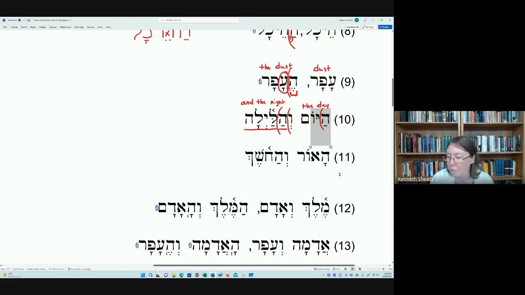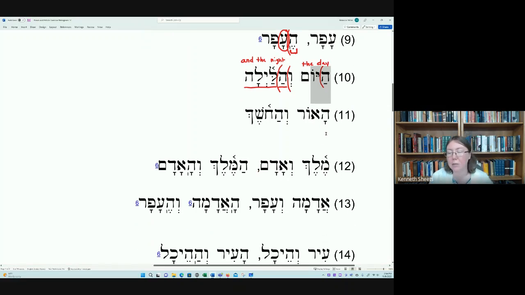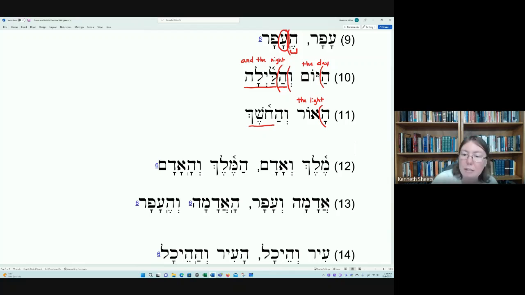And we're going to have the same sort of idea here as well. Ha'or w'ha choshek. Notice here, I've got the article again, hey with a pathak followed by a Dagesh forte. The Dagesh forte went inside of the aleph, being a guttural, rejected the Dagesh forte, and the preceding vowel lengthened. And so thus we would have here the light. And then you can see we have the word choshek, darkness here.